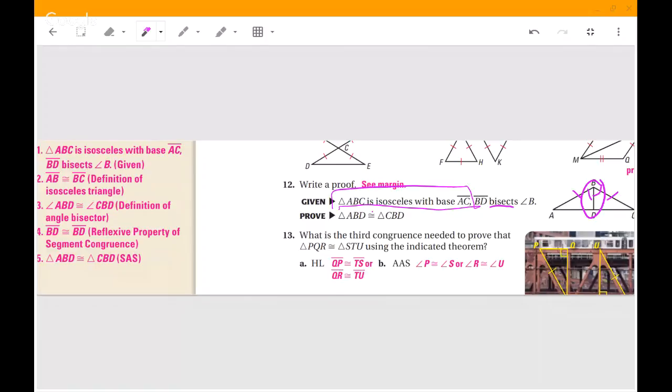When you have two triangles that share a side, like BD, in this picture, what do we know about that side that's shared between the two of them?